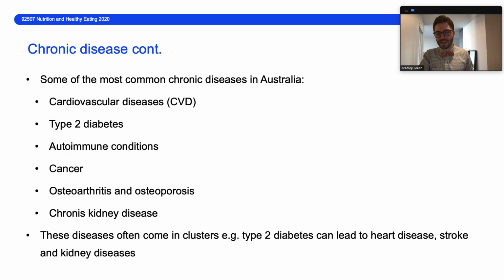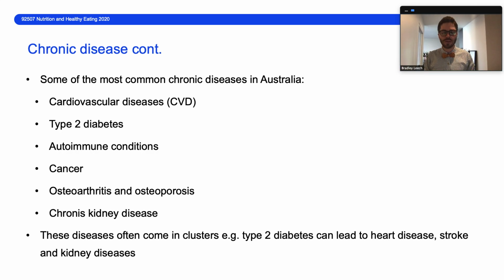Other chronic diseases, so when I use the term chronic diseases, I'm referring to a large group of these particular conditions. I may be referring to cardiovascular disease, type 2 diabetes, autoimmune conditions such as rheumatoid arthritis, which is an autoimmune disease affecting your joints, and you get quite severe swelling and immune complexes within the joints. You've also got inflammatory bowel disease, such as Crohn's disease, ulcerative colitis, type 1 diabetes.